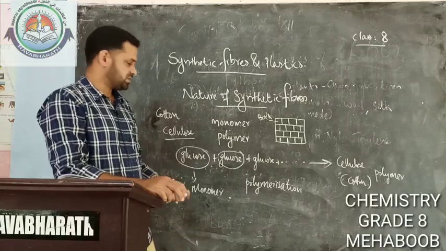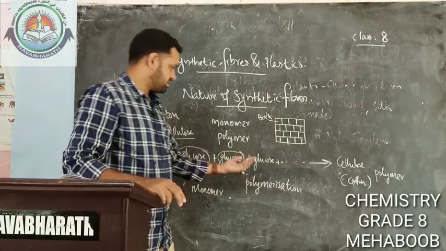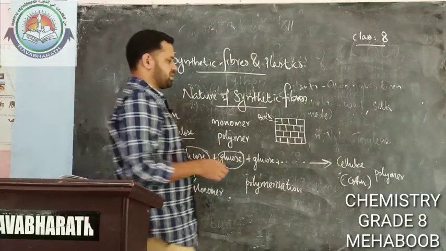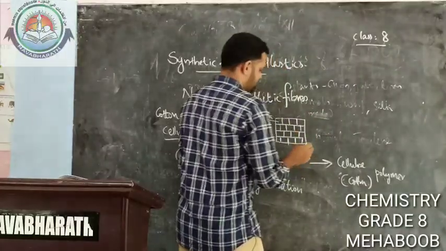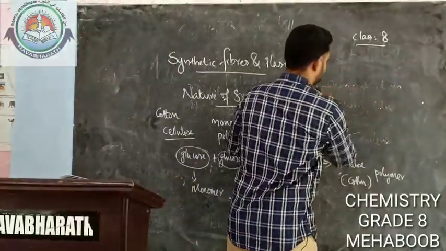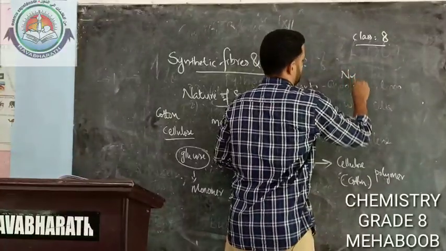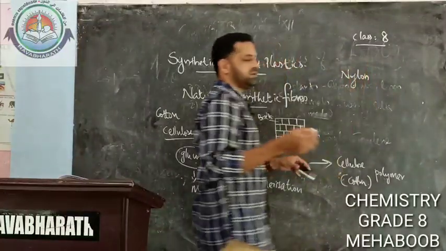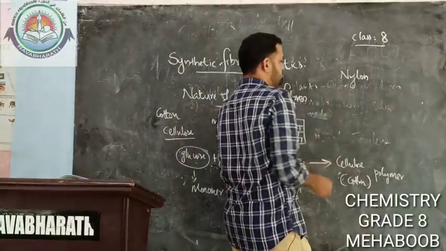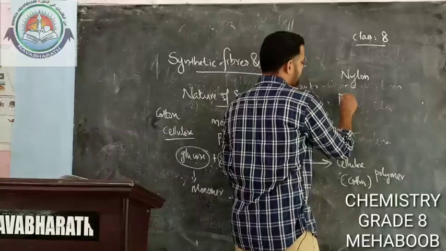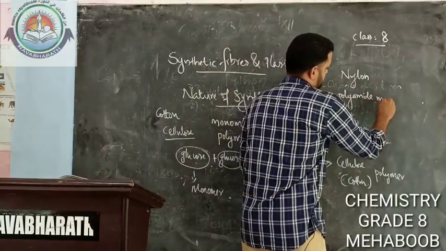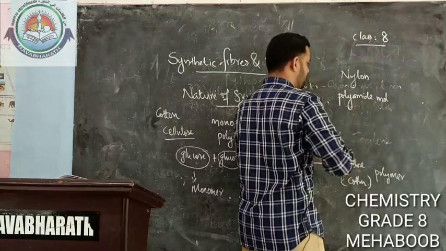There are a number of examples for these polymers. Different types of polymers are there. Here cellulose is one of the natural polymers, and nylon is another example of a polymer. Nylon is also called polyamide.